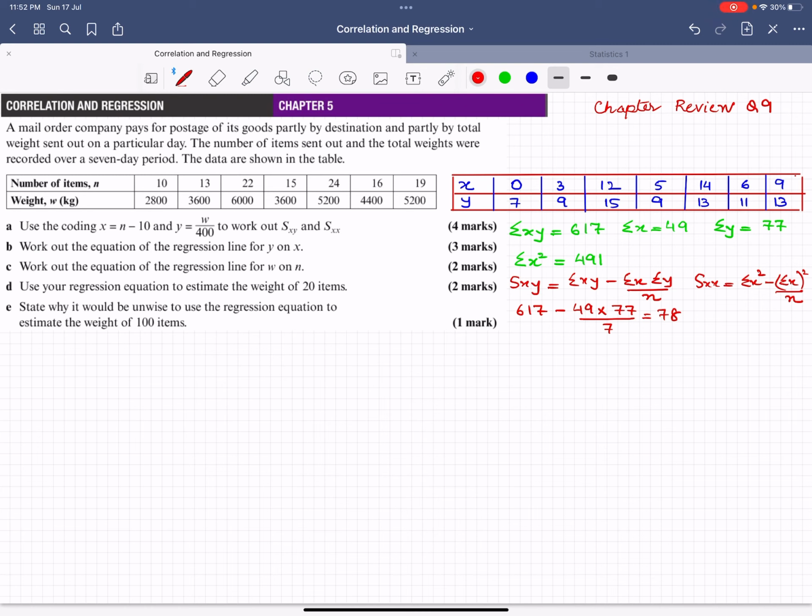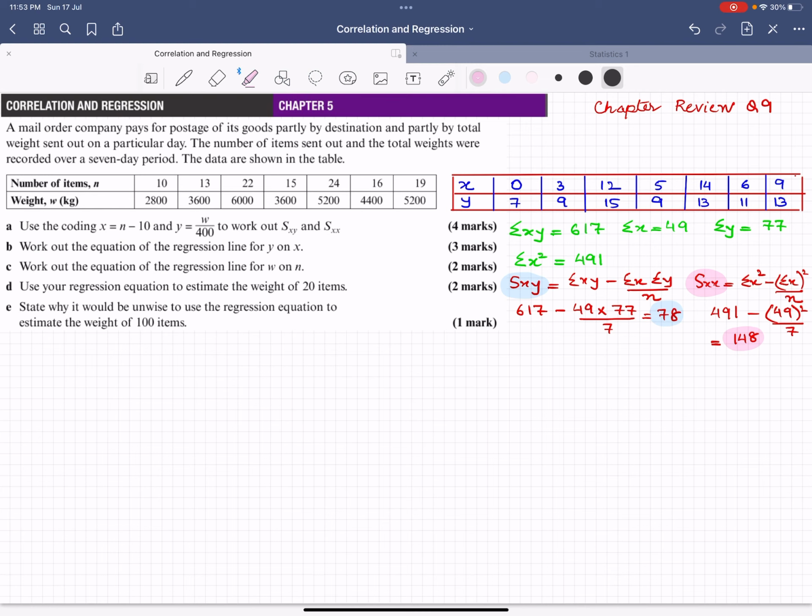For Sxx, we have 491, which is sigma x squared, minus sigma x, which is 49, the whole squared, divided by 7, and that gives us the value of Sxx, which is 148. So here we have found the value of Sxy, which is 78, and we have found the value of Sxx, which is 148. Sorry about the cramped space.